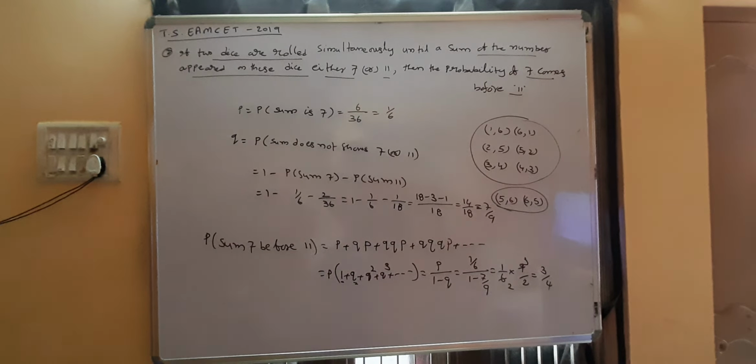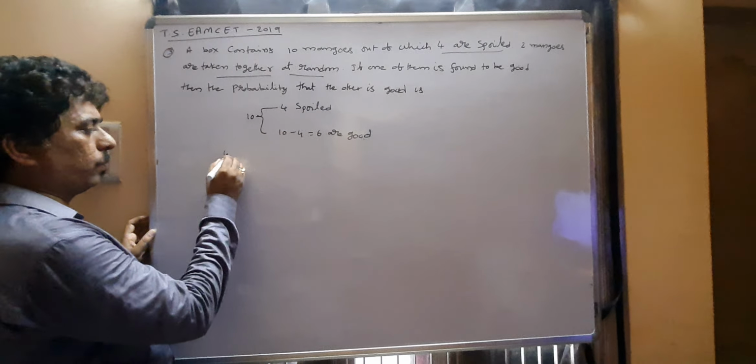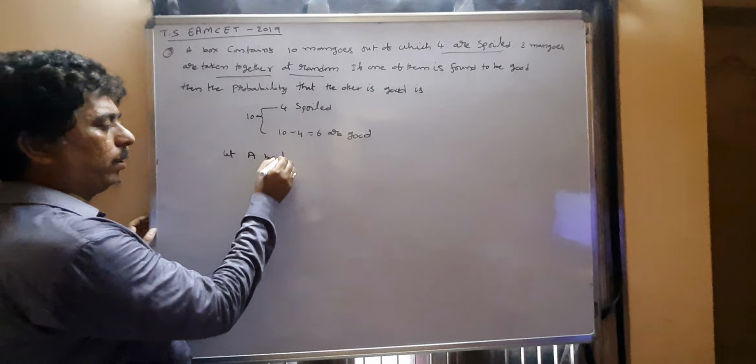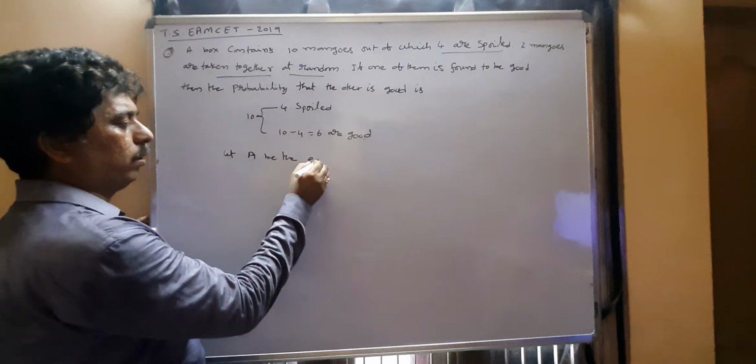Let A be the event: first mango is good. First mango is good means either both are good, or good and bad will come.